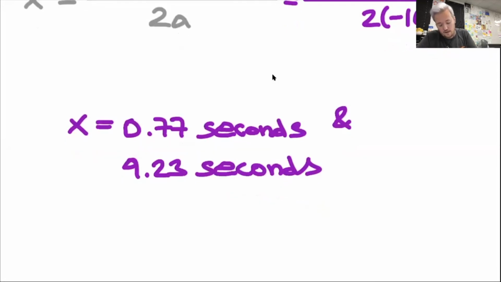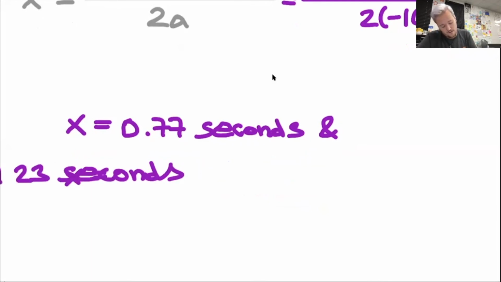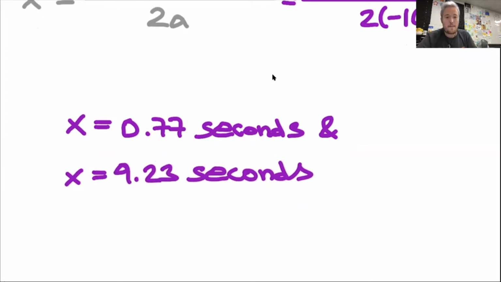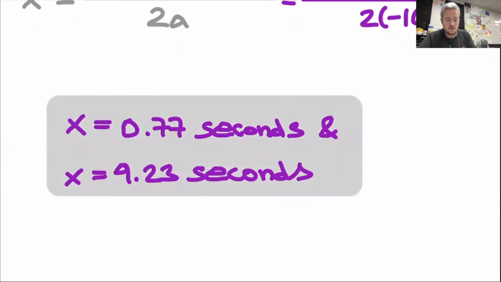My handwriting is actually terrible. And x equals 9.23 seconds. All right, that's fine. So these are the two values that I'm looking for here.